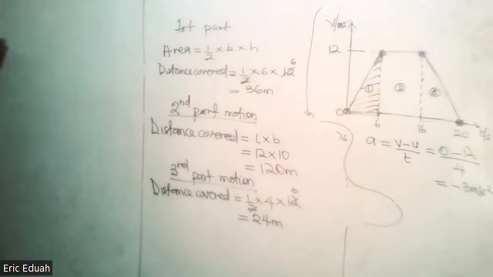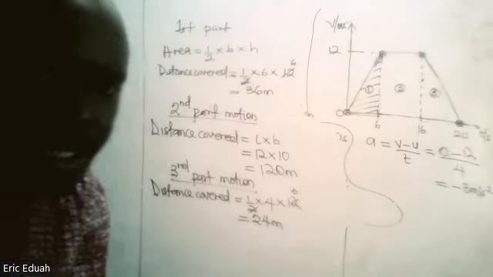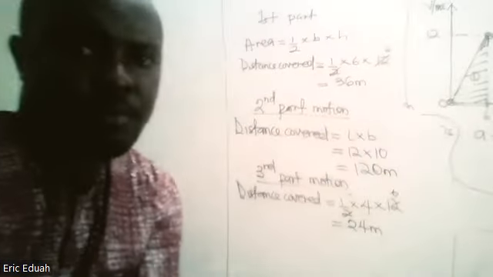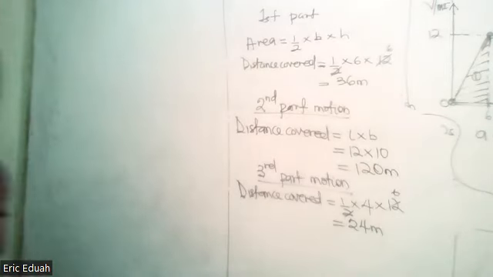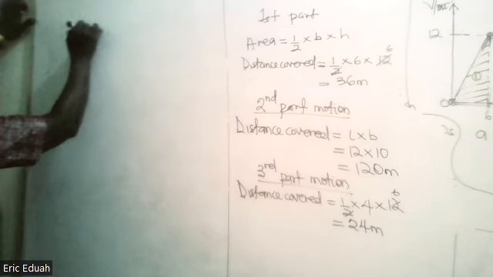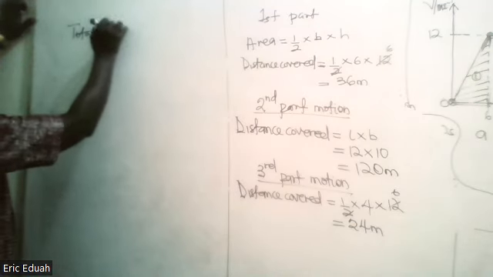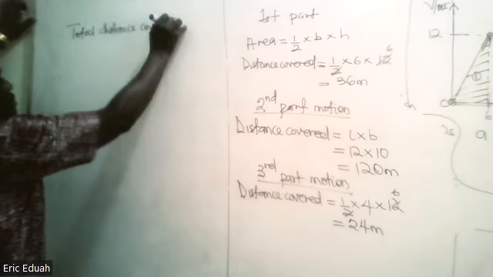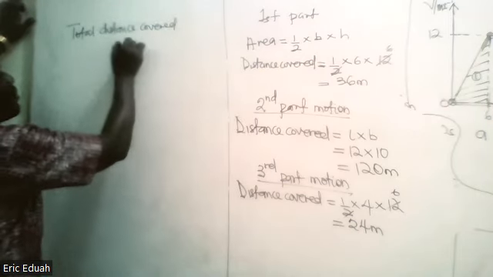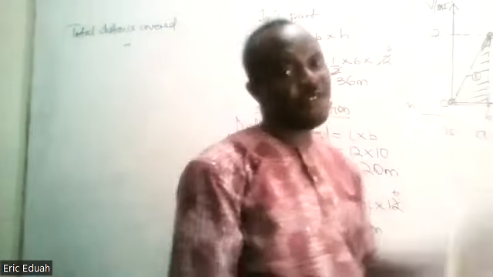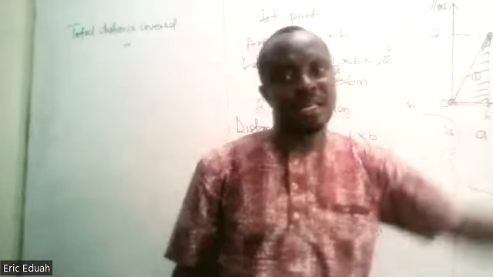Therefore, let me adjust my screen a little bit. Good. Therefore, total distance covered is equal to the distance covered during the first part, second part, and then the third part.